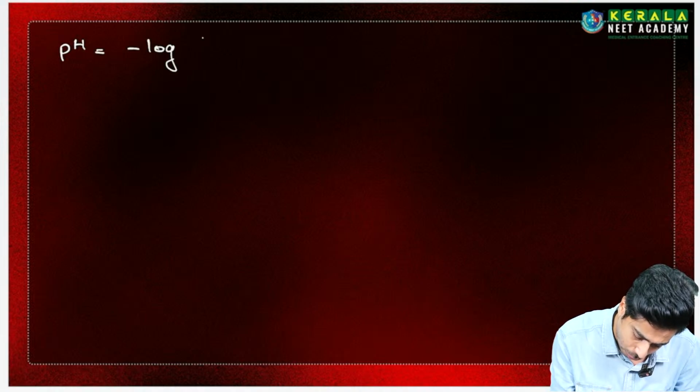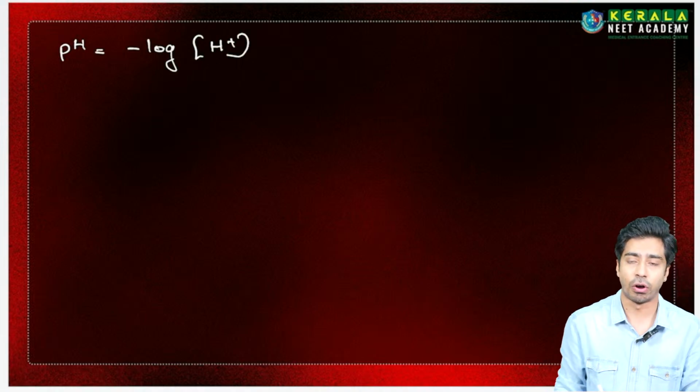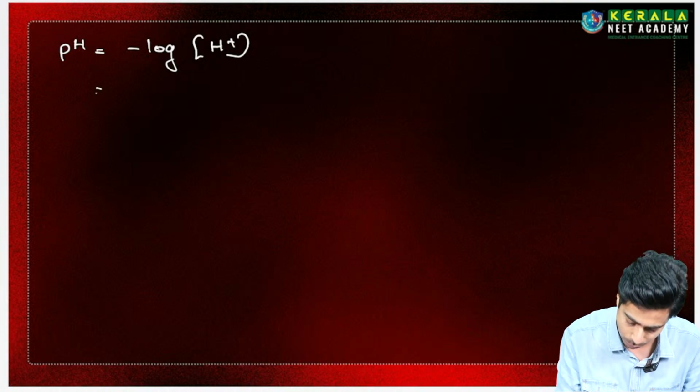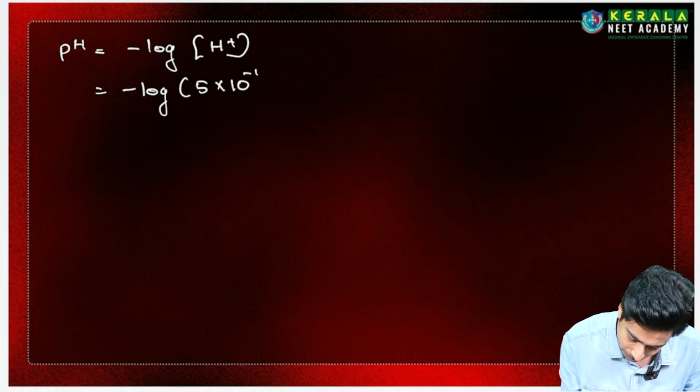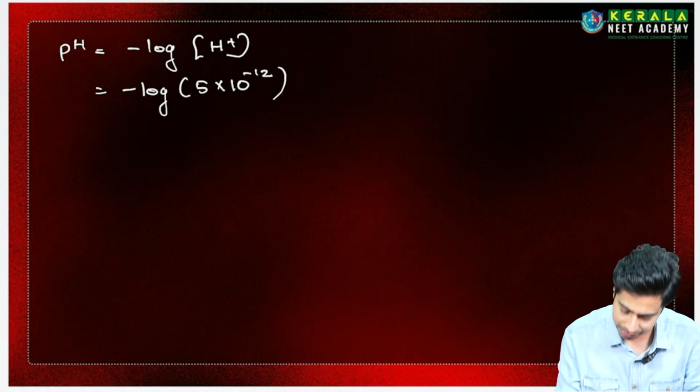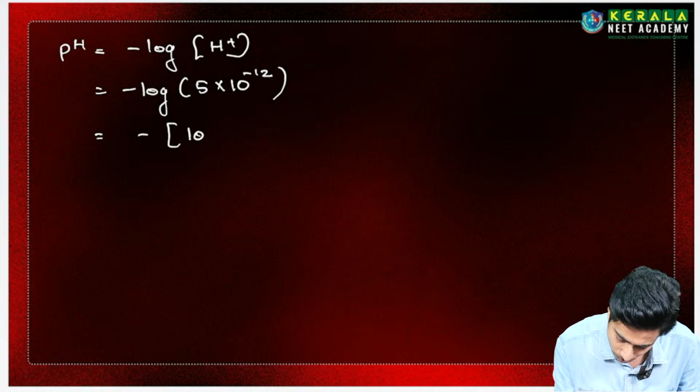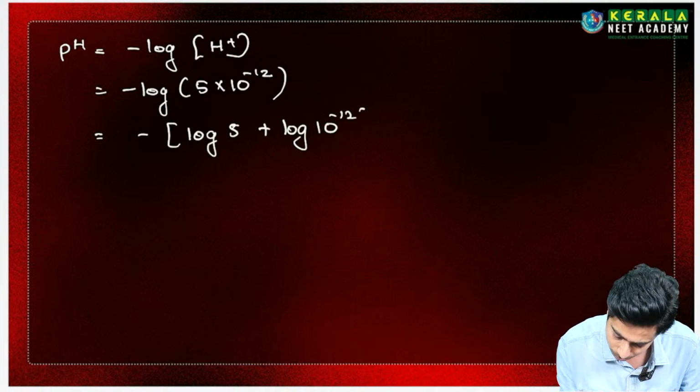Now, what is pH? pH is equal to negative logarithm of the concentration of H plus, which is negative logarithm of 5 into 10 power minus 12. That is equal to minus log 5 plus log 10 raised to minus 12.